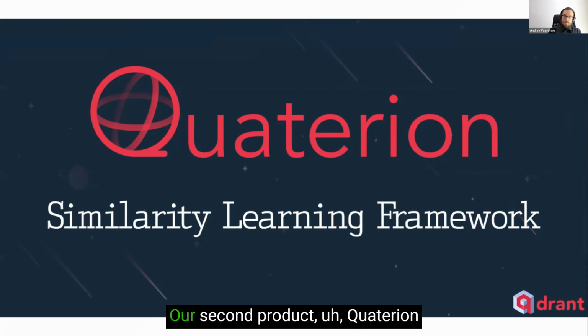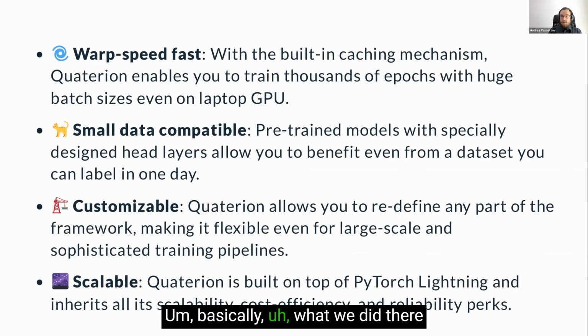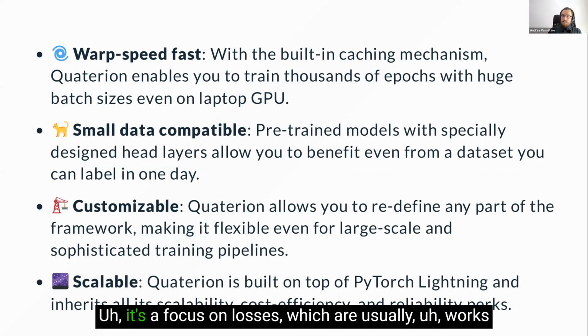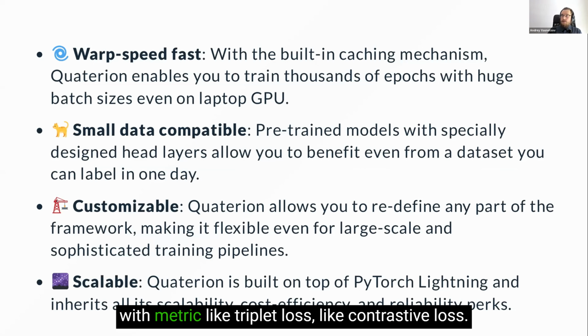And our second product, Quaterion, allows you to do it very quickly. Basically, we implemented a pipeline focused on metric learning tasks. It focuses on losses which usually work with metric learning, like triplet loss and contrastive loss.